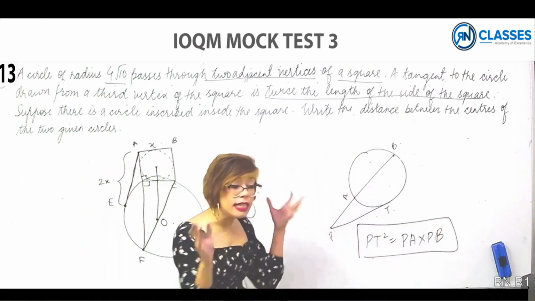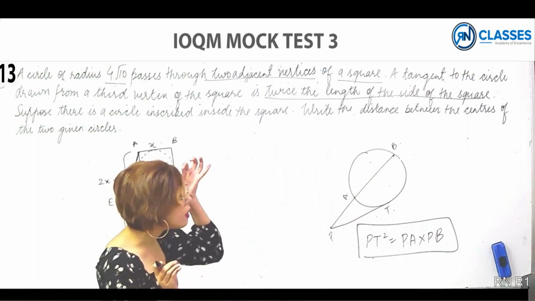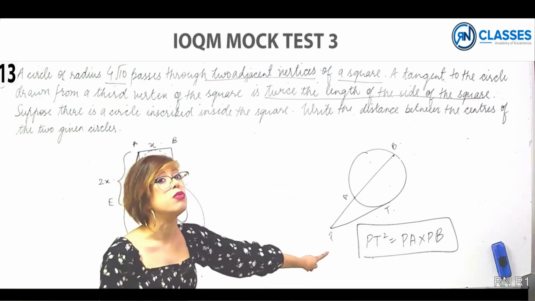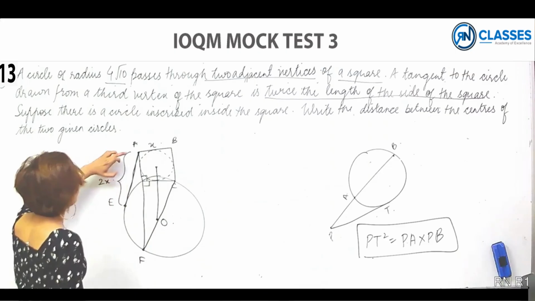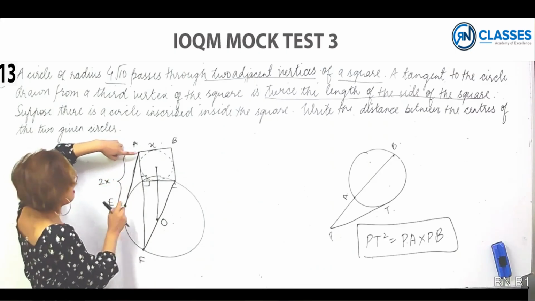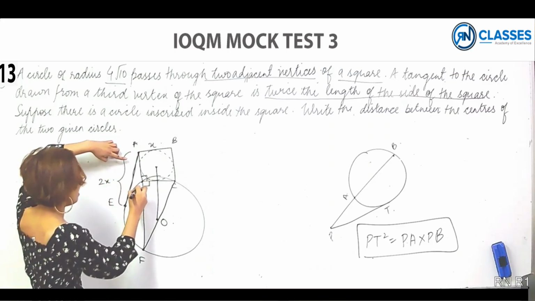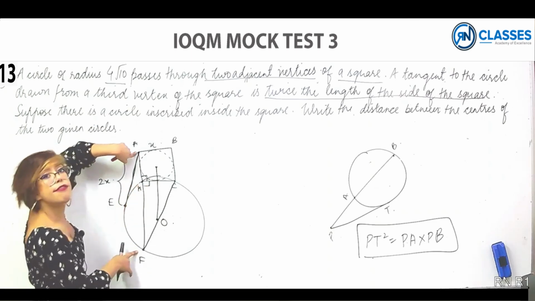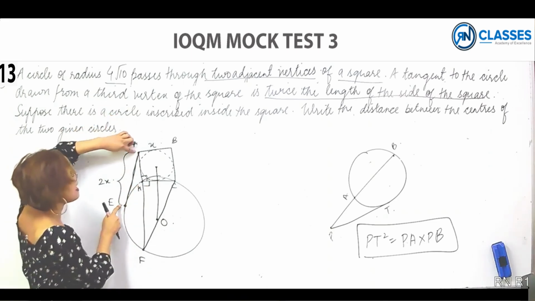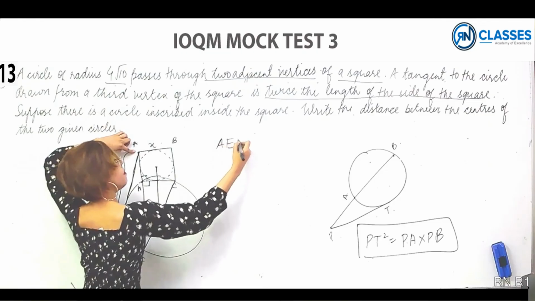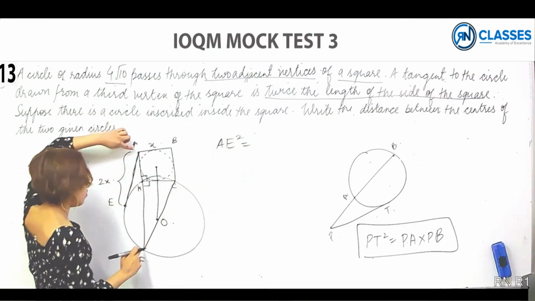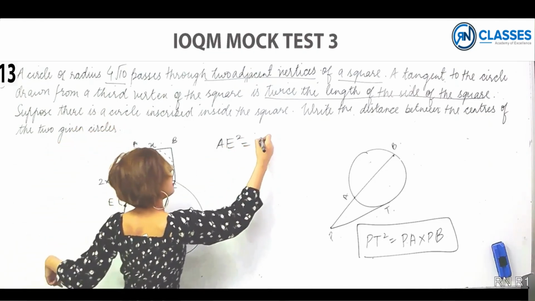In circle, if the tangent is there, always look where you can have a secant because this result might be used. Right? So, AE is the tangent and I have, let me name this point to be H. I have AH and AS. So, I can say that AE square is equal to AH into AS.